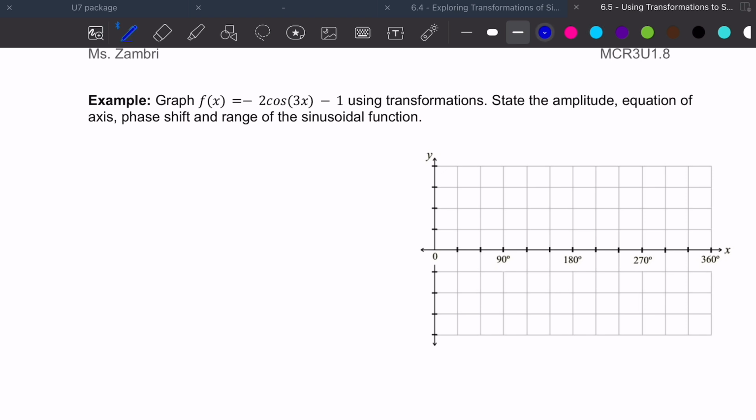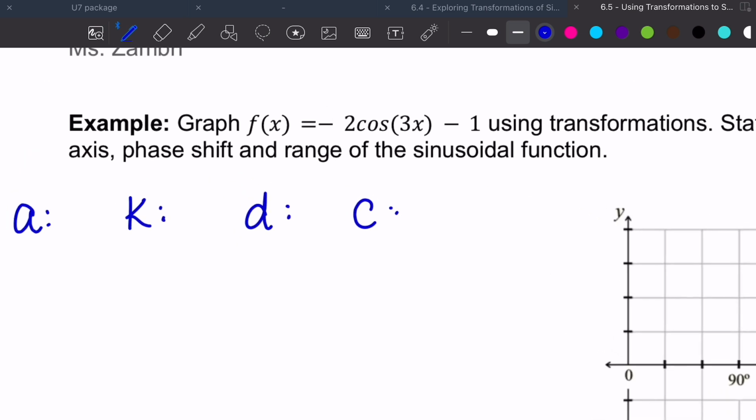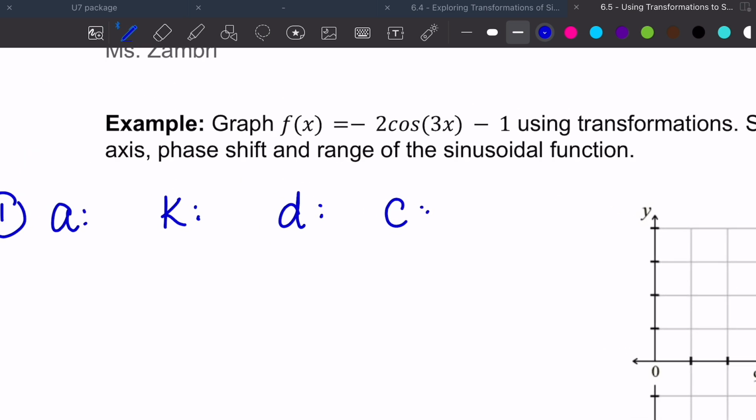So, okay, with this one, first things first, my parameters, A, K, D, and C. So just by looking at this equation, I can see, okay, my A value is my first number, which is going to be -2. My K value is on the inside, which is attached to X, so that's going to be 3.